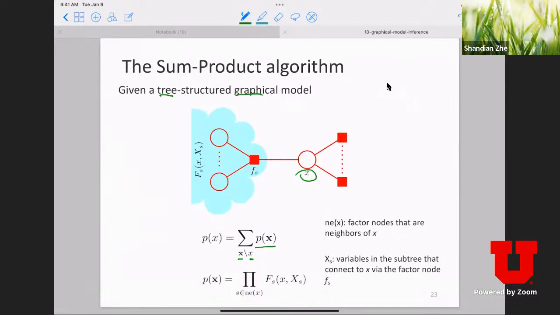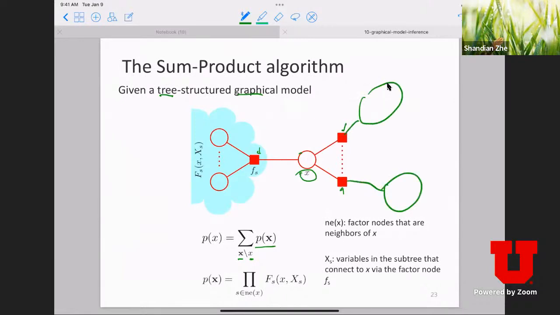For a tree, you can pick any node as a root node, from what we have learned from discrete mathematics. So you can view x as a root node, and then all the associated factors with x can be viewed as root nodes of different subtrees.